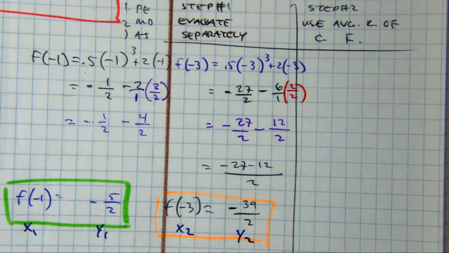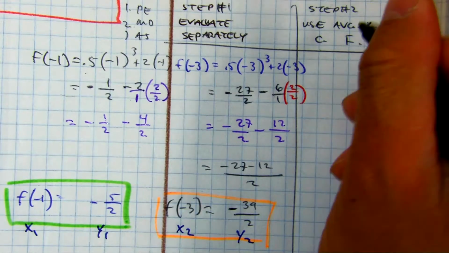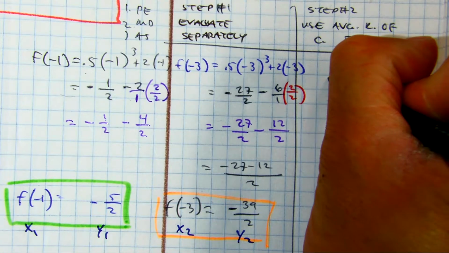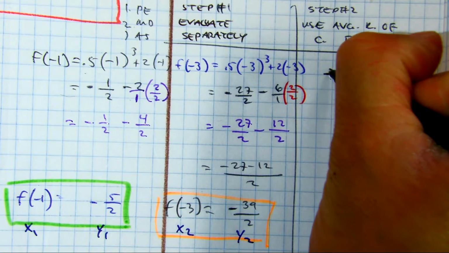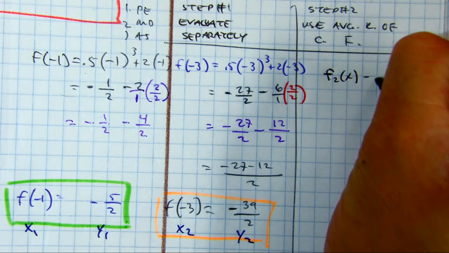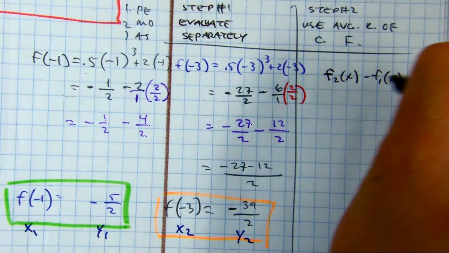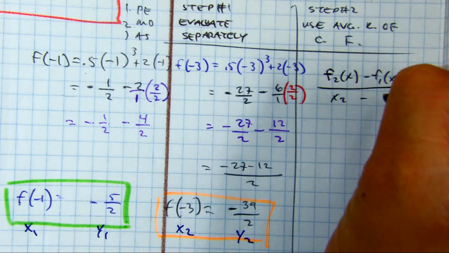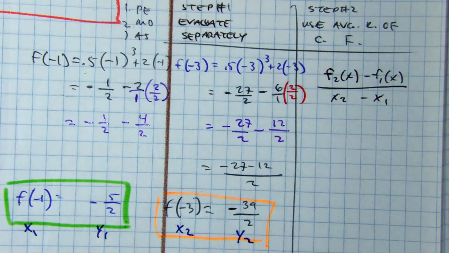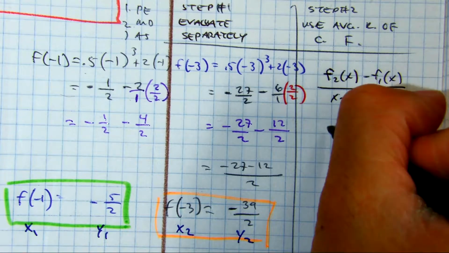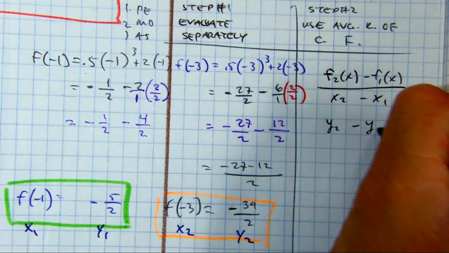Sophie, our formula? f of x2 minus f of x1 over x2 minus x1. Or we can also say y2 minus y1 over x2 minus x1.